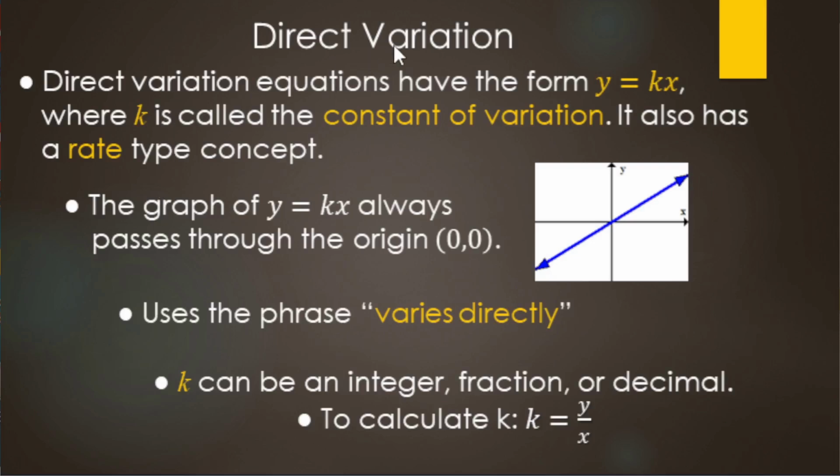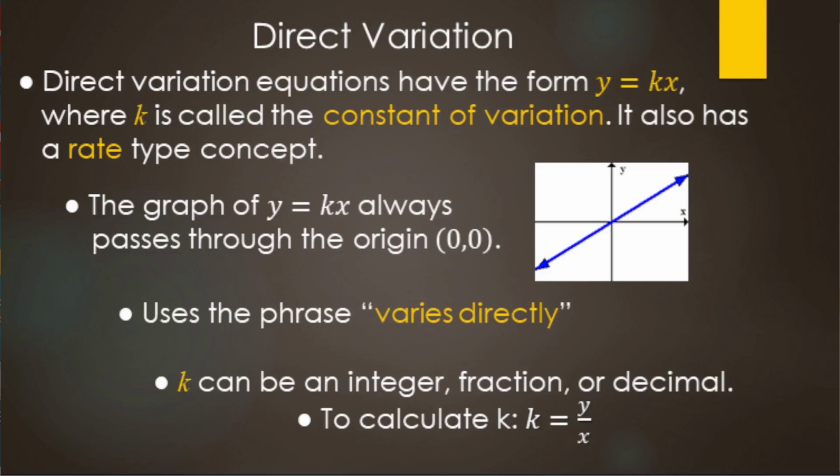So direct variations, y equals kx, right? K is the constant of variation or the variation constant. And that K there has a rate type idea assigned to it, okay? All of your direct variations go through the coordinate point 0, 0. If it doesn't tell you directly, they're going to write in there varies directly.